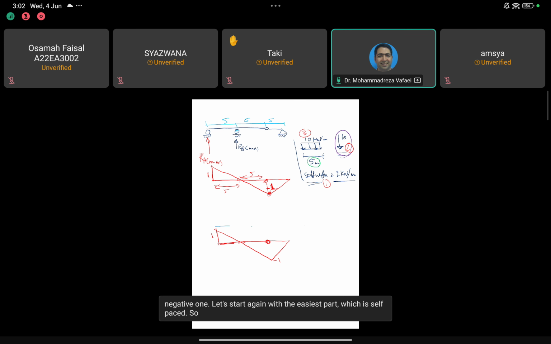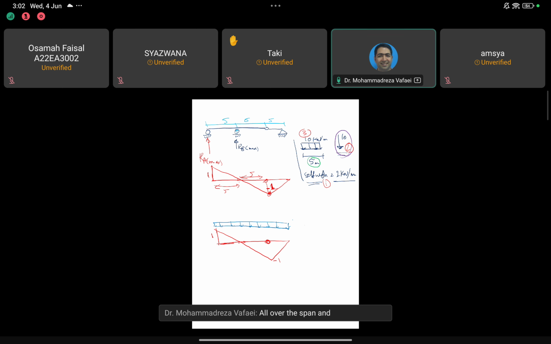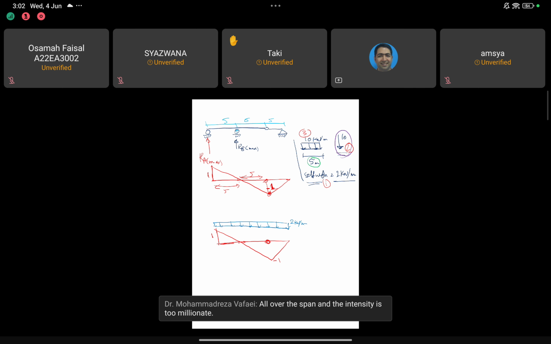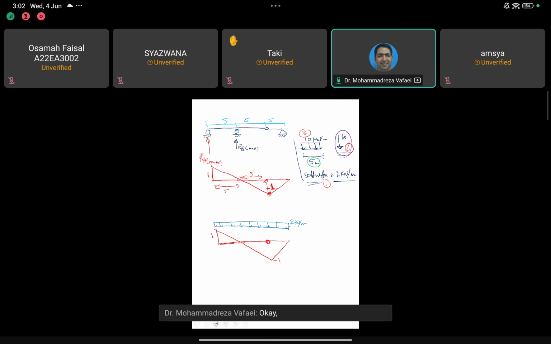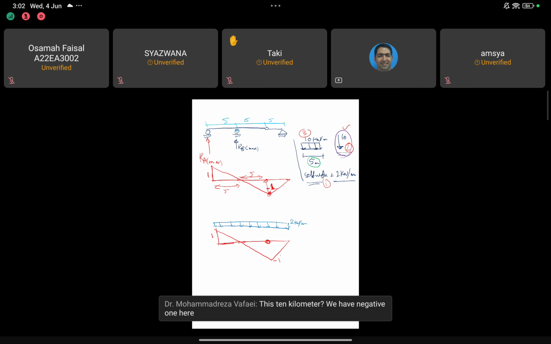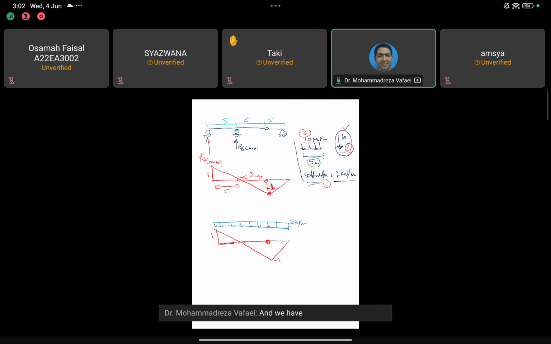The self-weight will be placed from beginning until the end of the span because it is all over the span, and the intensity is 2 kilonewton per meter. Now, where should I put this 10 kilonewton? We have -1 here and we have +1 here.